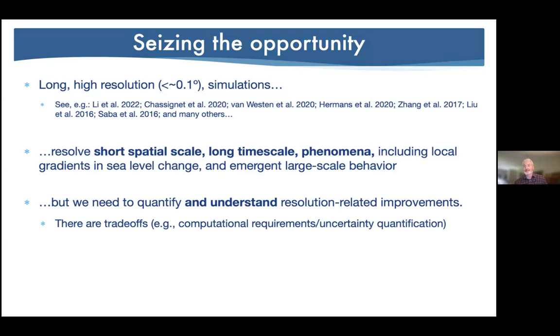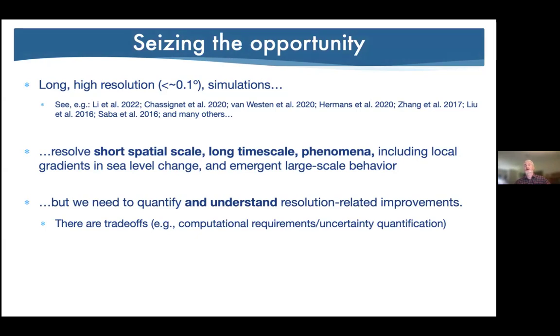But because there's always a cost associated with these high resolution models in terms of computation, and a cost in terms of limiting the amount of the uncertainty space that you can capture, I think it's really important to try to understand a little bit better what we're getting when we do these high resolution simulations. Where are the improvements occurring?